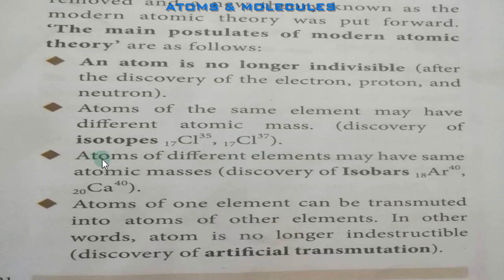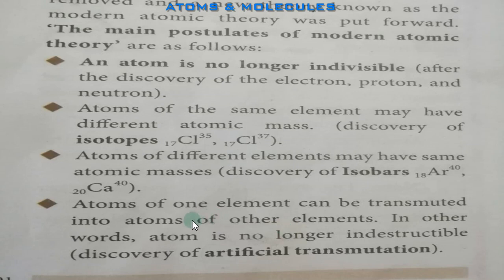See this third point. Atomic numbers of different elements, argon and calcium, are different, right? So different elements may have the same atomic mass, same 40, here also 40. Have you understood this third point? Then see the fourth point. Atoms of one element can be transmuted into atoms of other elements. In other words, atom is no longer indestructible.